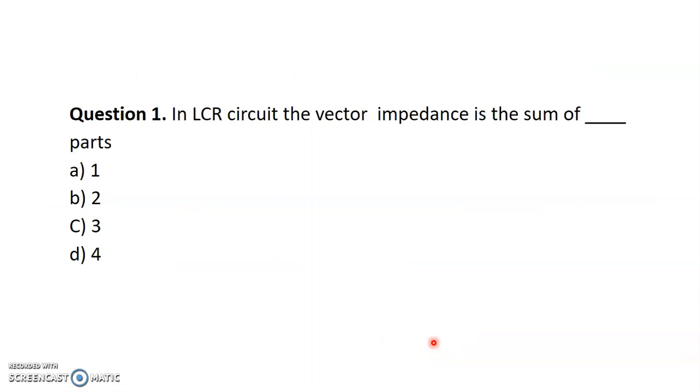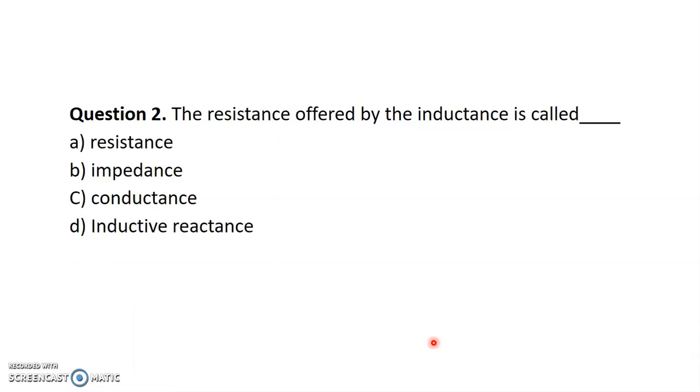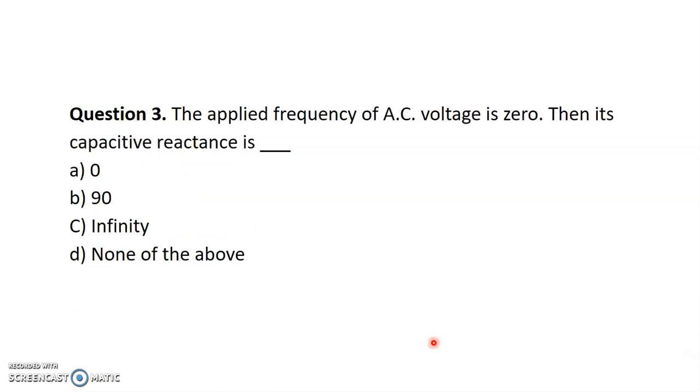Quick MCQ questions. In an LCR circuit, the vector impedance is the sum of three, due to resistance, inductance and capacitance. The resistance offered by the inductance is called inductive reactance.